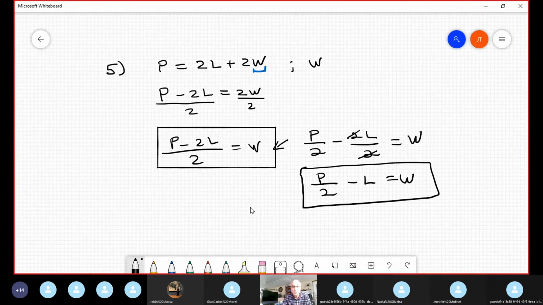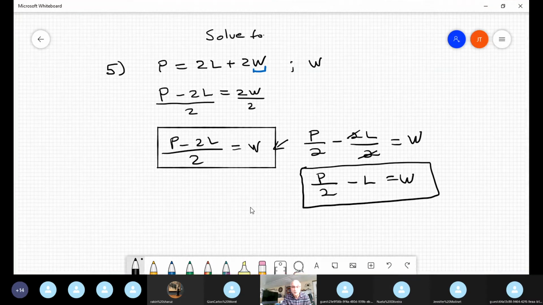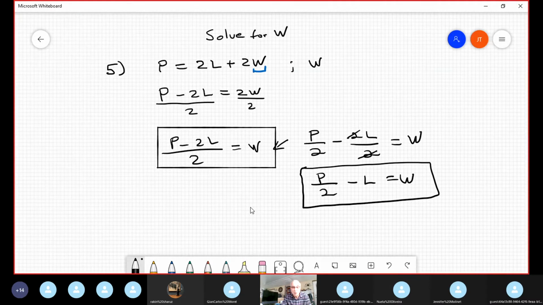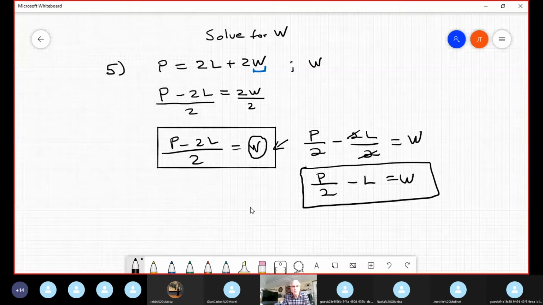The initial question says solve for W. So the manipulation you should do is do something in order to isolate W. And the thing that we're doing, do you understand or not? Yes, I did, Professor. I just want to know if we need to flip, like we put it like equal P, or we can. Yeah, absolutely.